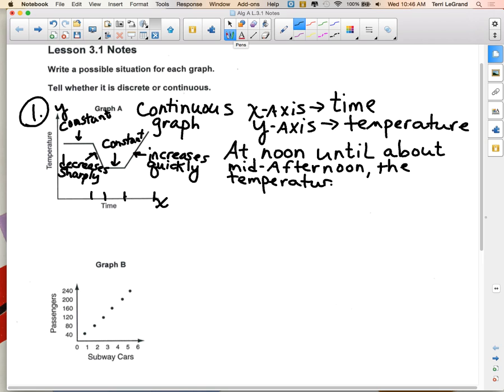Is it inside this school building here, outside, where? Is the temperature going to fluctuate inside the school building? No, it's probably got to be outside, right? Okay. At noon until about mid-afternoon, the temperature outside remained constant.